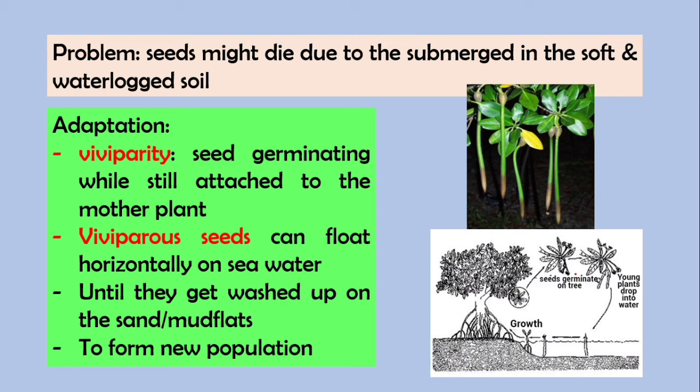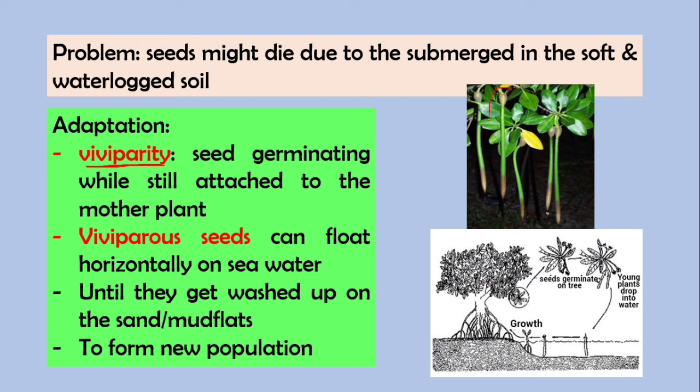Seed dia boleh mati sebab tak dapat oxygen to germinate. So macam mana nak overcome this problem? The mangrove plants undergo viviparity. Viviparity is when the seeds germinate while still attached to the mother plant.